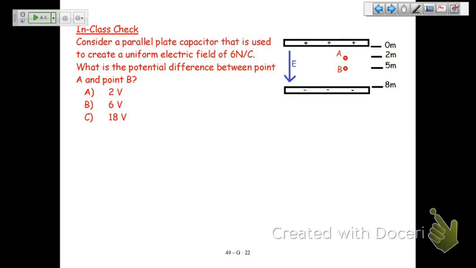Consider a parallel capacitor that is used to create a uniform electric field, 6 newtons per coulomb. So I know my E. What is the potential difference between point A and point B?